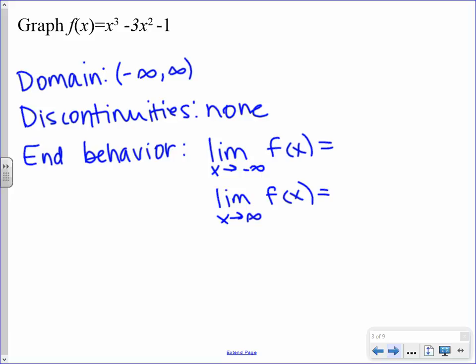So Isaac W., what is our ending behavior? Let's start with negative infinity, so to the left. Okay, and to the right? Good. To the right, it's going to rise. To the left, it's going to fall. Positive leading coefficient with an odd degree.